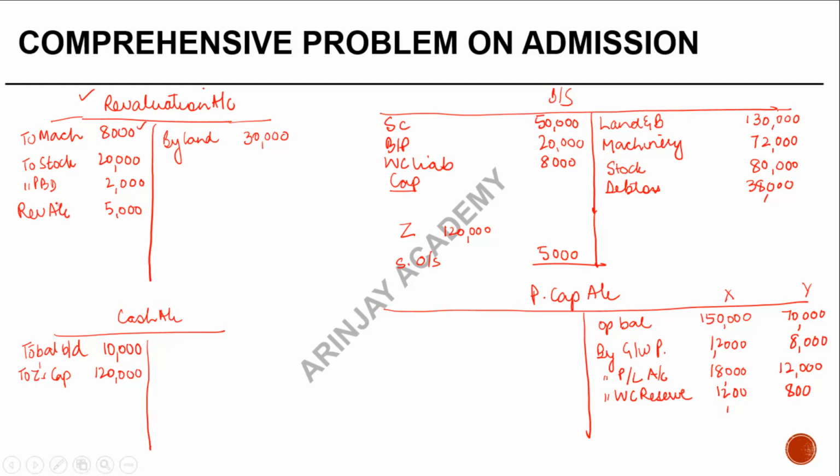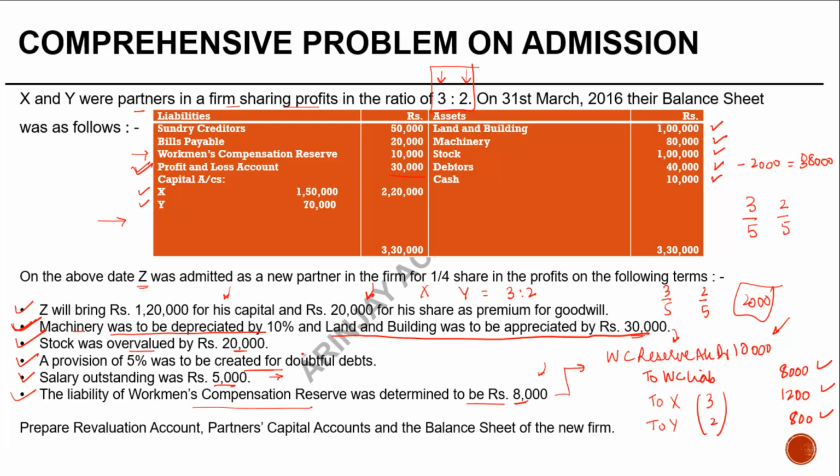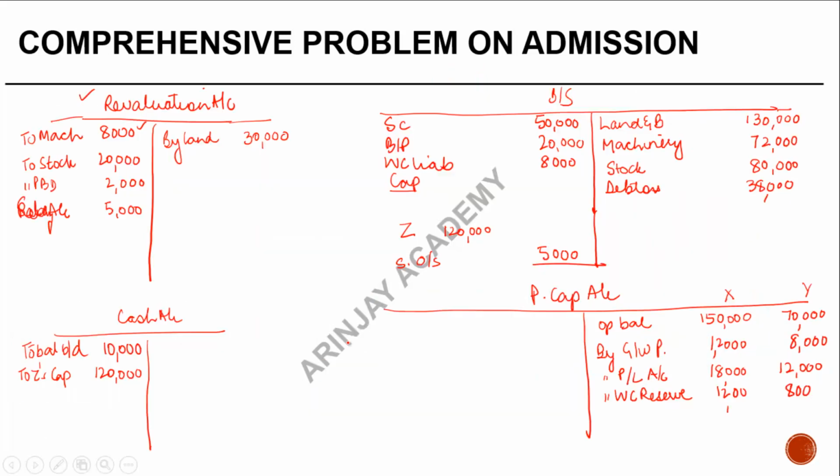Now after doing this, actually here you can mention salary, right? There's no adjustment which is left, so we're going to close the revaluation account, right? What do I have? 8, 20, 30, 35,000, 35,000.